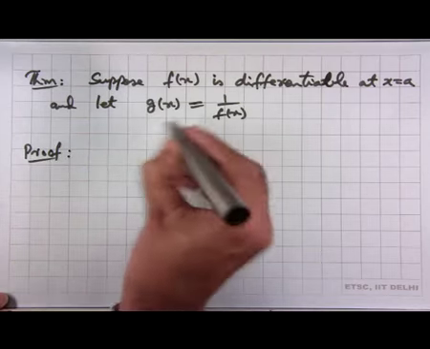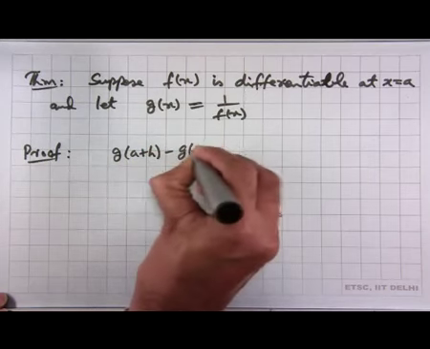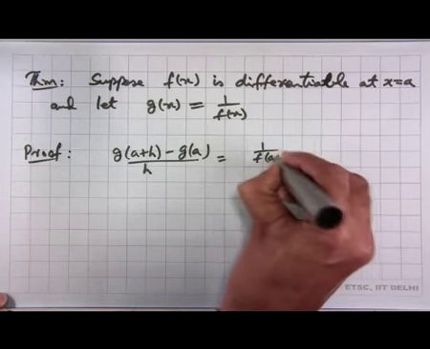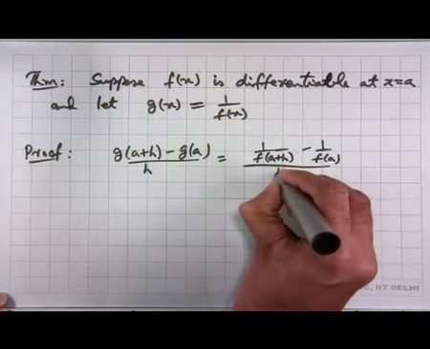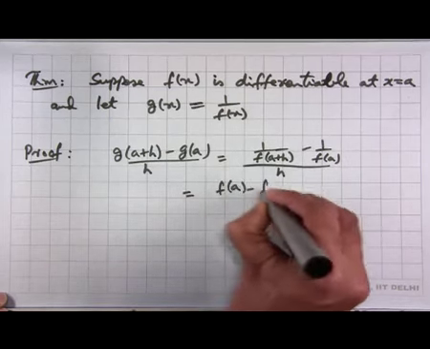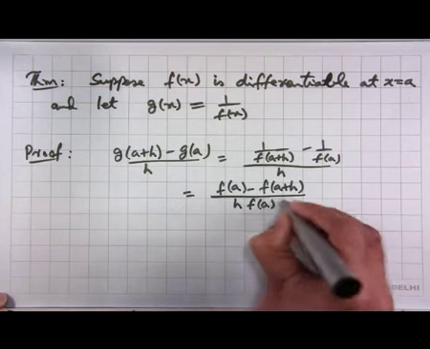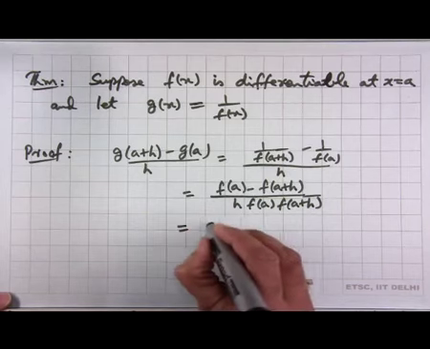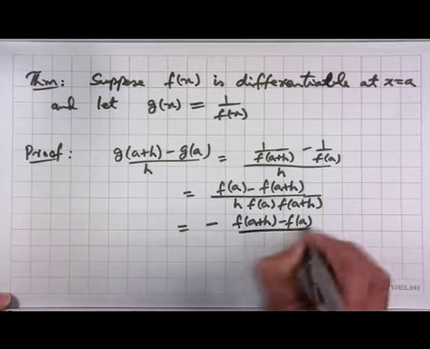I will write what the derivative is that we will get from the proof. So, if I look at g of a plus h minus g of a divided by h, this is equal to 1 by f of a plus h minus 1 by f of a divided by h, and this is equal to f of a minus f of a plus h divided by h times f of a plus h, and this is the same thing as negative of f of a plus h minus f of a divided by h.